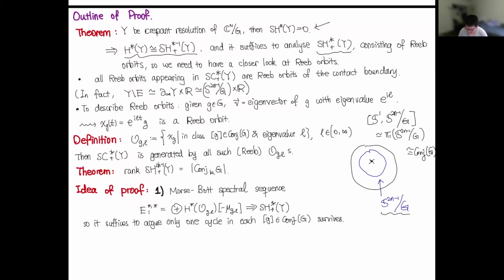And there is a more direct way to say this, which is: if you pick an eigenvector V of G with eigenvalue e^(iL), where L is a positive number, then you can get a canonical loop, which is you just start with this V and rotate around using this eigenvalue.